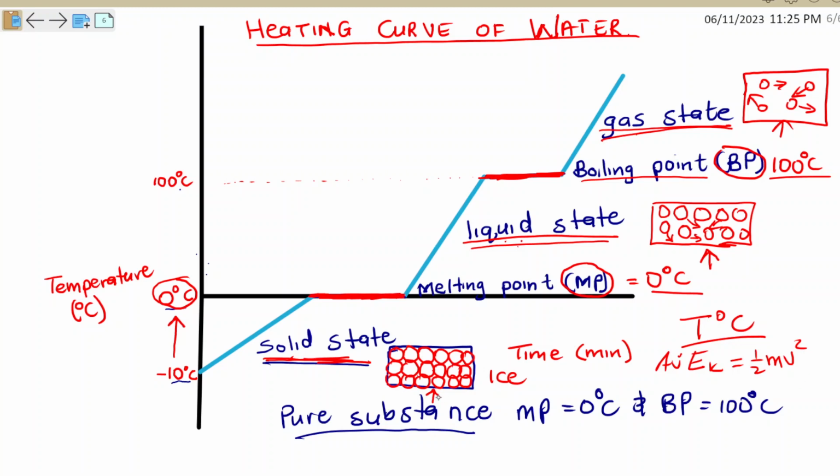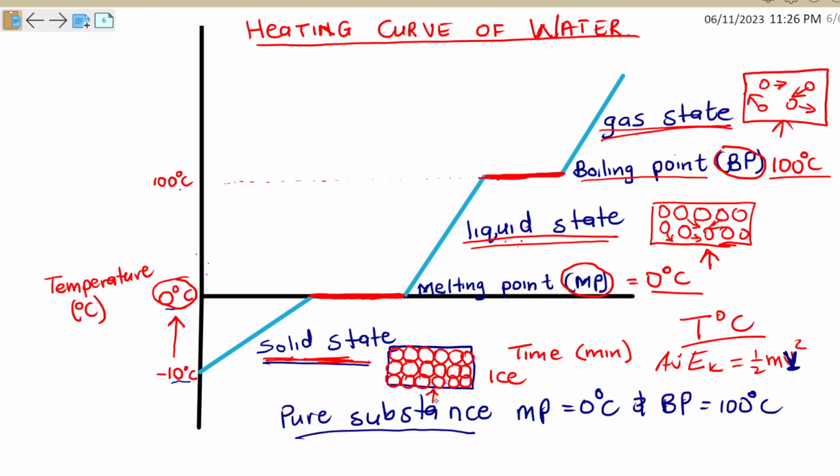That means that when the water was still ice, the average kinetic energy was very low because the velocity of the molecules was very little. There was no space to move.